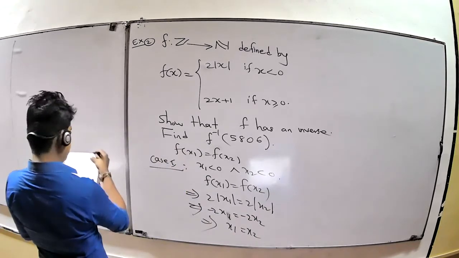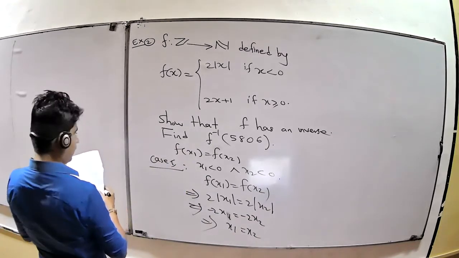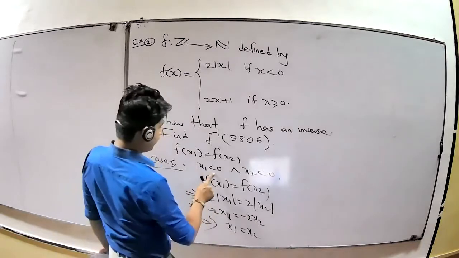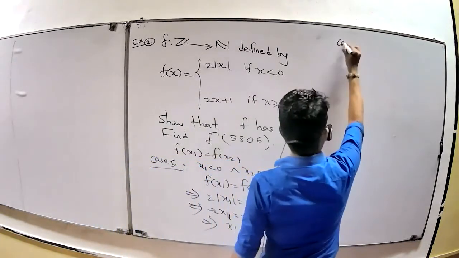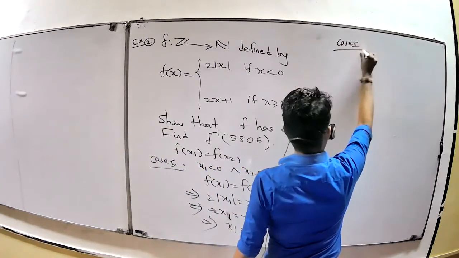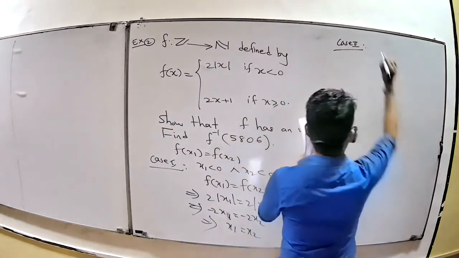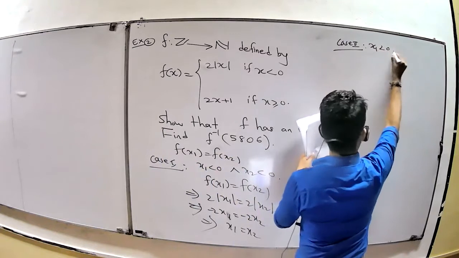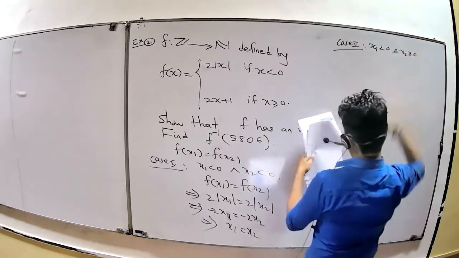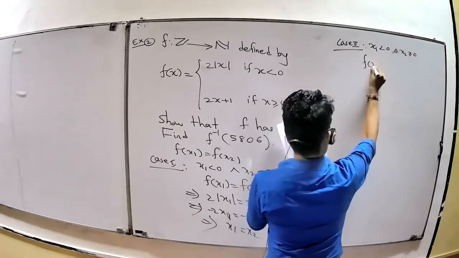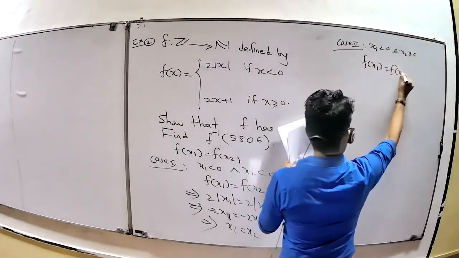Next case, there are 4 cases there. Case 2: suppose x1 less than 0 and x2 greater than or equal to 0. For this case, you take f of x1 equal f of x2.